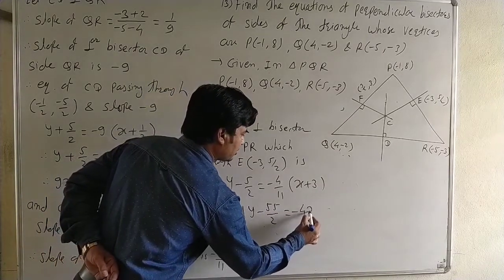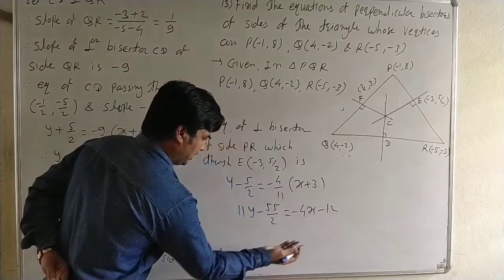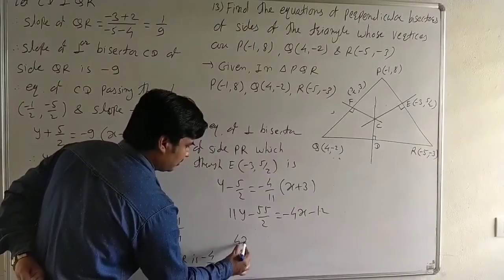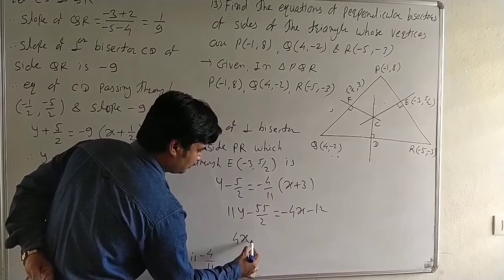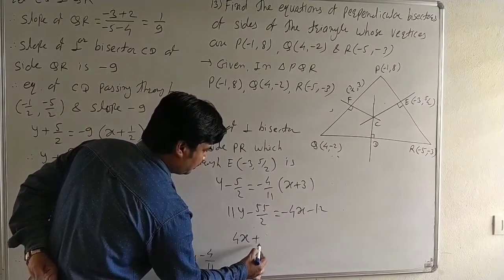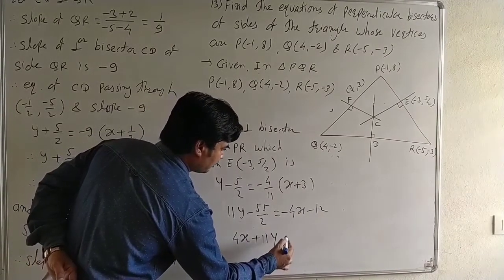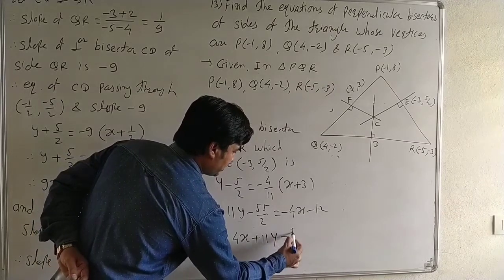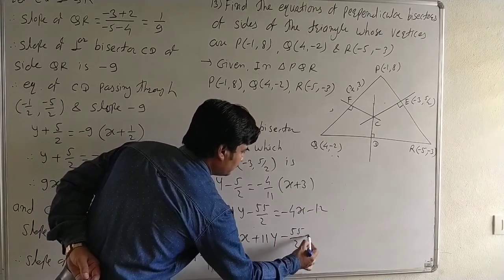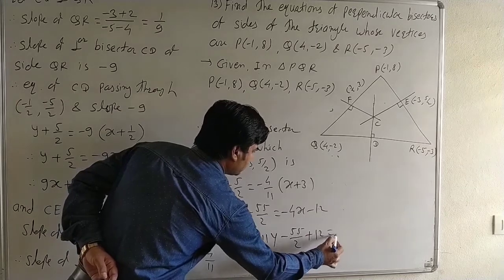Okay, then take 4x and 12 to this side: 4x plus 11y, then minus 55 upon 2 plus 12 is equal to 0.